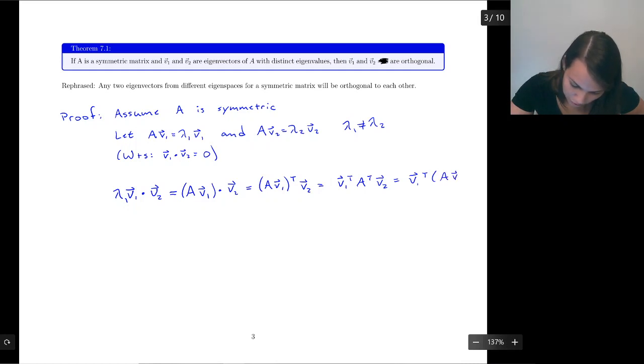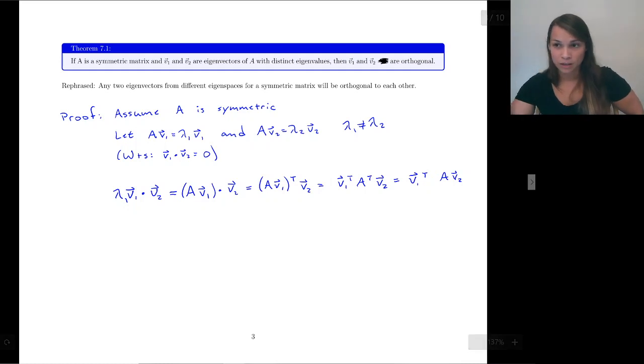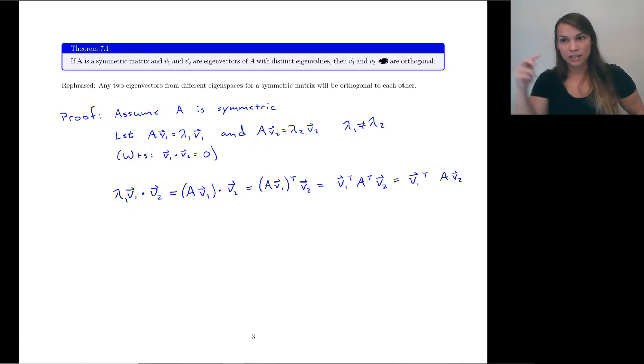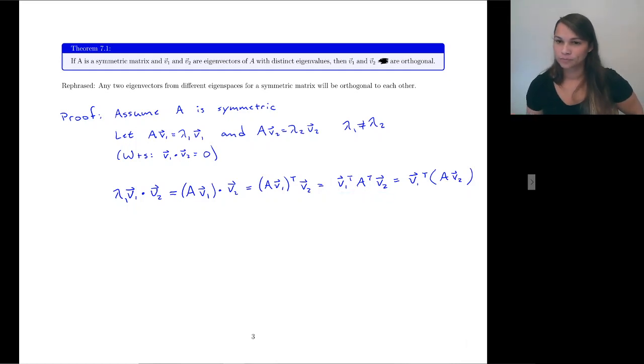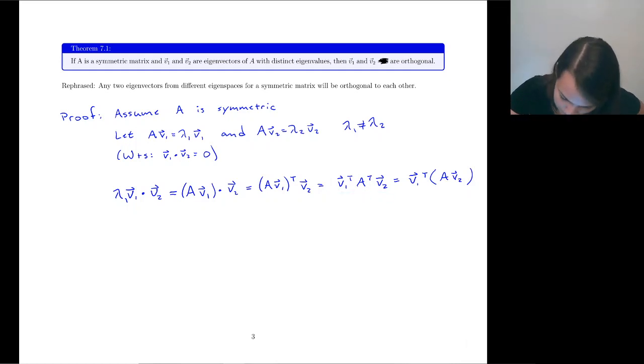And I'm going to choose to group it up. Before it wasn't grouped up; it doesn't matter what order you group things in, or what order you do things in, as long as you keep this order. That order has been preserved, and I choose to put my parentheses there because that will be helpful. Why is that helpful? Because now I can do something involving lambda 2.